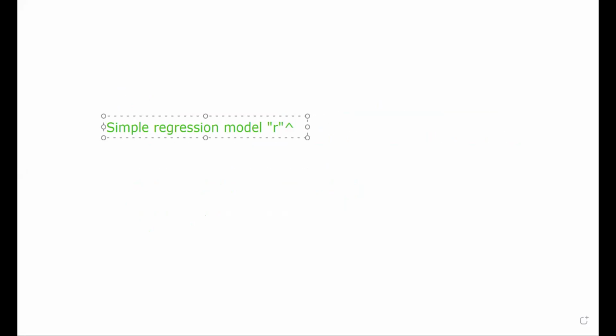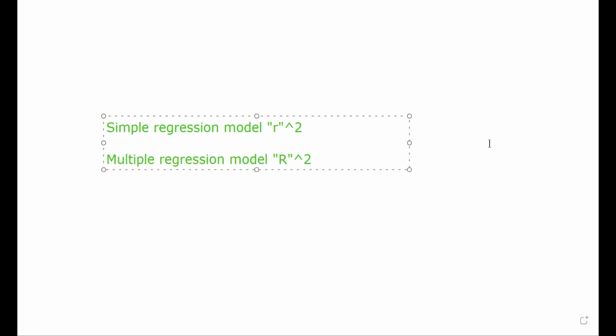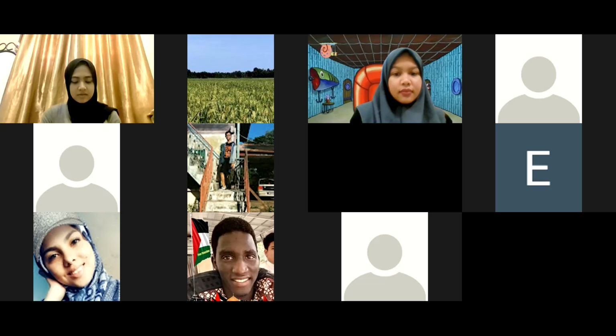Letter case, small case. For multiple regression, okay, this is conventionally used in econometrics. This is coefficient of determinations. Okay.